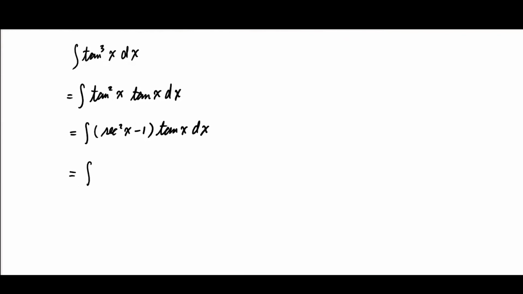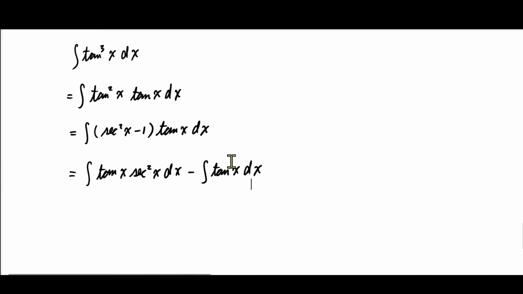So we have, let me write it like this, tangent x secant squared x dx minus, and the other one is just the tangent x, isn't it? Okay, tangent x dx. Okay, this one is u sub, isn't it?